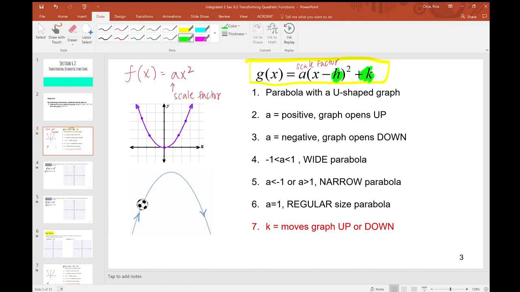H and k represent the coordinates of our new vertex. Now if we look at f of x, it does not have an h and k, which means that our vertex is at 0, 0.